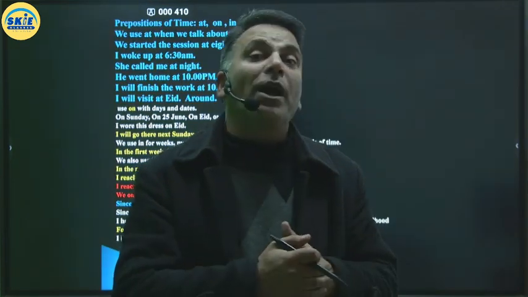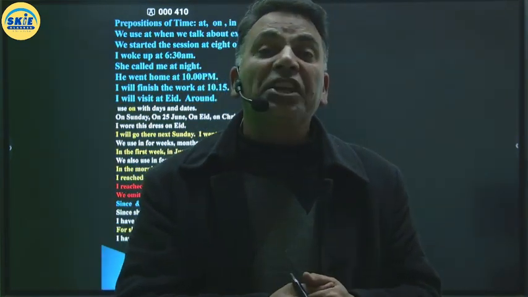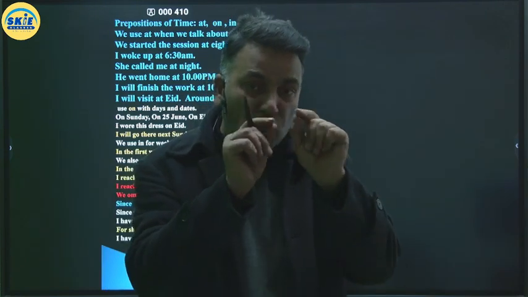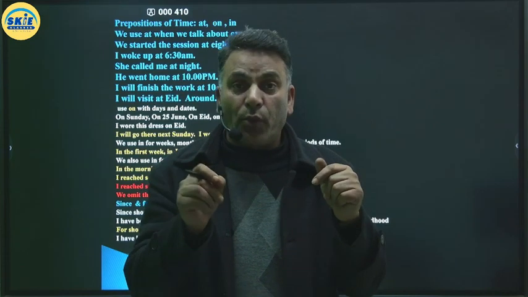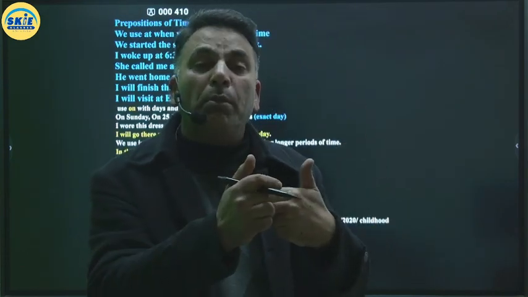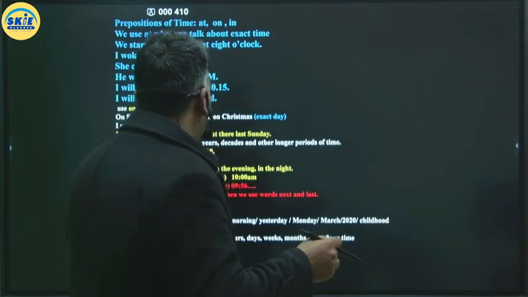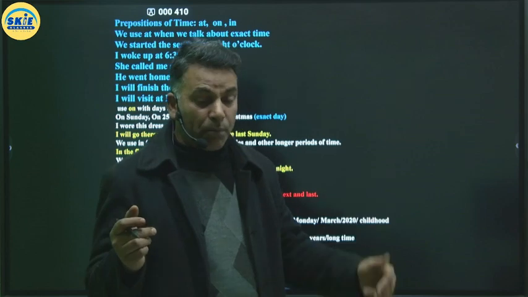But however, you might have heard people saying at noon. The incident happened at noon. At noon means exactly around 12, what we call 12 p.m. in the daytime. Right? At noon. At that time we say at noon, but we say in the afternoon because afternoon is an extended period of time. Same is the case with morning.